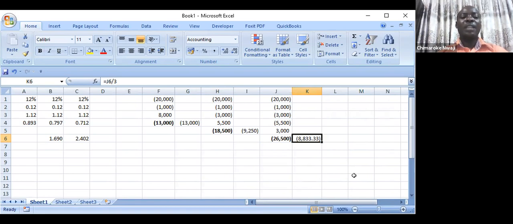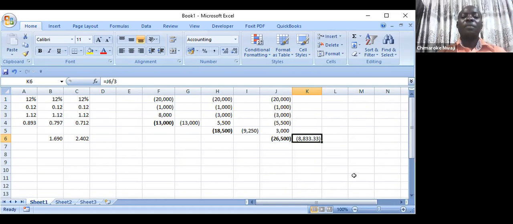And in the same way, we are still going to choose replacement every 3 years because it is the cheapest of all the replacement cycles. So whether we use the time value of money or we ignore it, we have the same result.